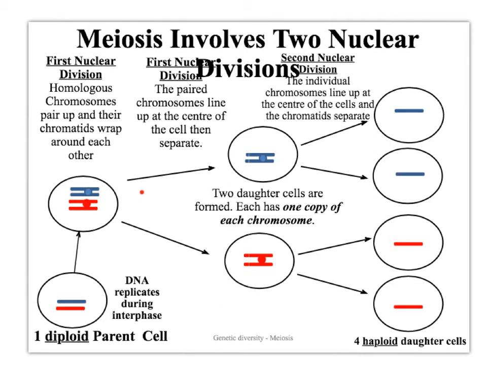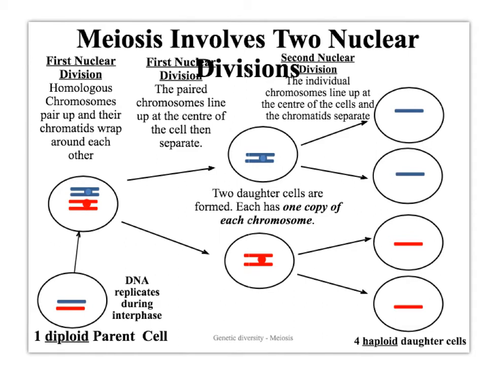At the beginning of meiosis in the first division, the chromosomes coil up, condense, become visible, and you have a structure a bit like the same as mitosis, where you've got one chromosome made up from two identical chromatids joined by a centromere.